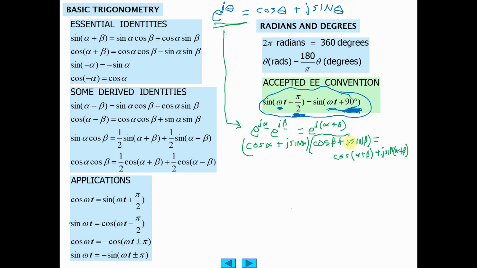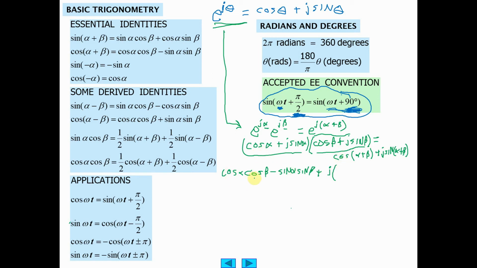We cross multiply this and this, and that becomes cosine alpha cosine beta minus sine alpha sine beta plus j cosine alpha.